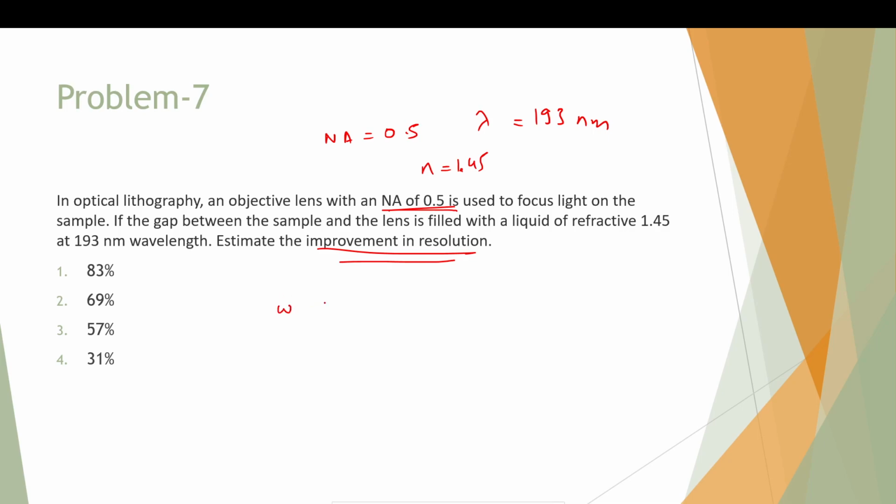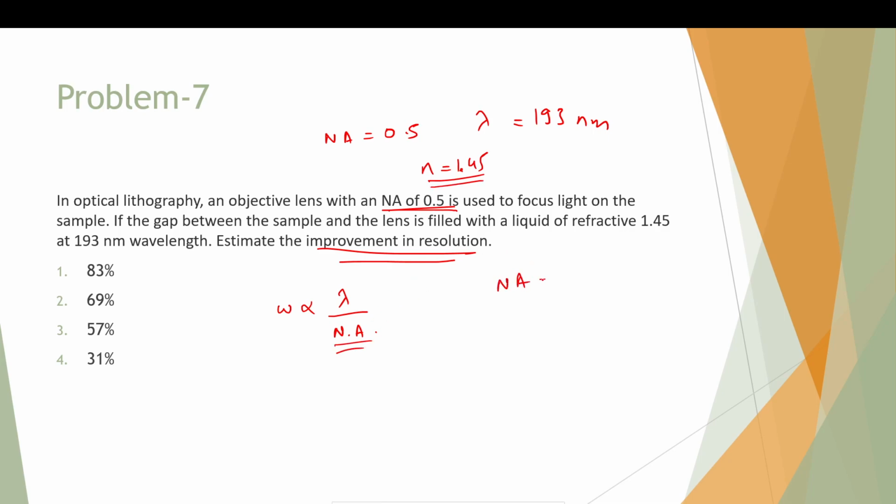Again we know that resolution is directly proportional to lambda over Na, right? So from this, can you find it out? By putting an n, we are essentially changing the Na.